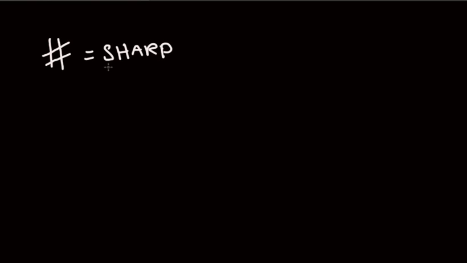If I want to lower a note by a half step, I use the flat accidental. It kind of looks like a B. So a sharp raises a note up by a half step, and a flat lowers a note by a half step.